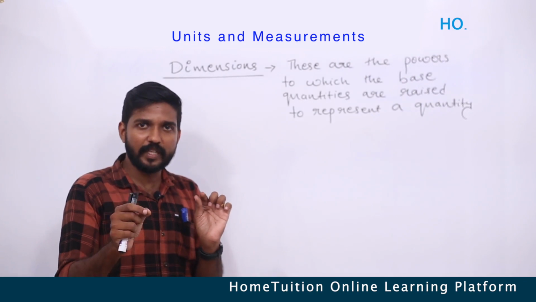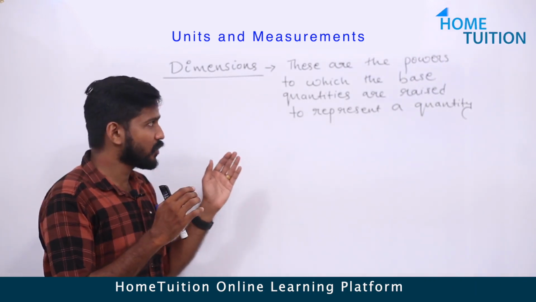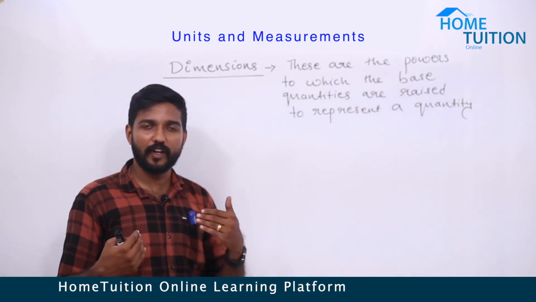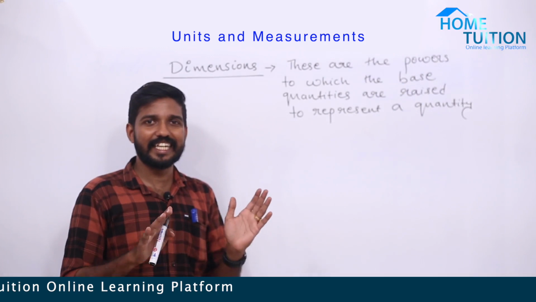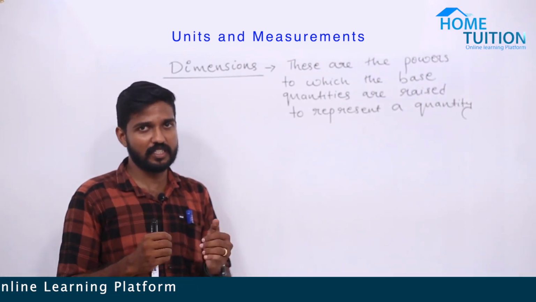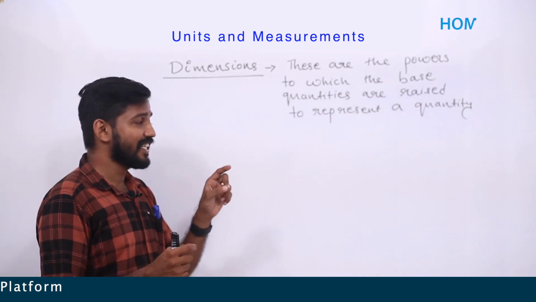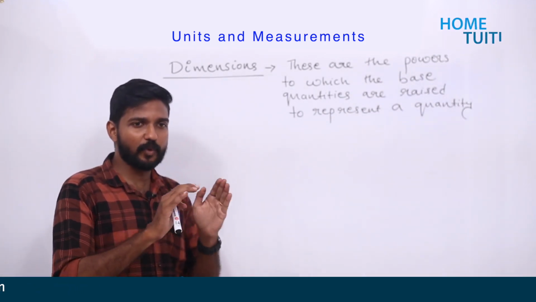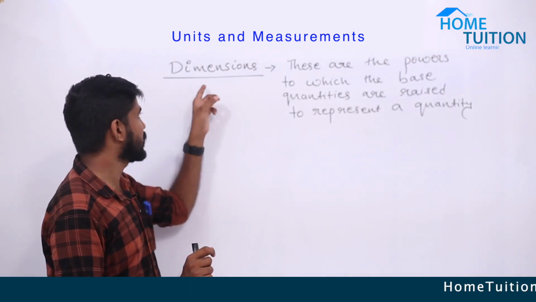That's why they are known as fundamental quantities. So if you represent a physical quantity in terms of fundamental quantities, then the powers or exponents of those fundamental quantities are called dimensions.